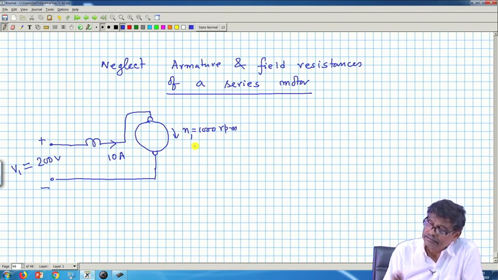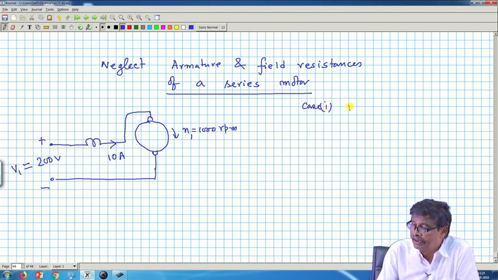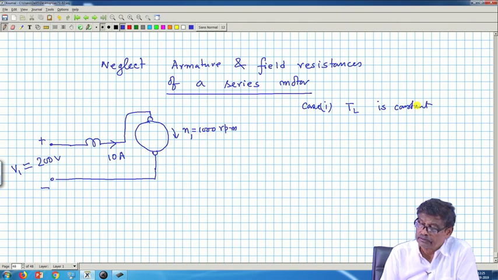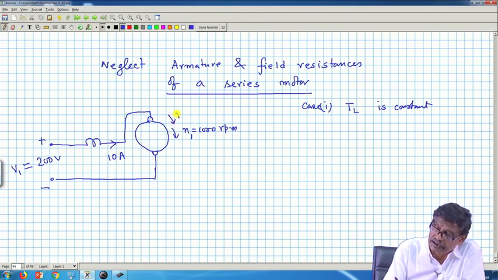Okay. And suppose I say case 1, T L is constant. No matter at what speed the rotor rotates, load torque, opposing torque, is constant. So, we know this is T and this is T L.